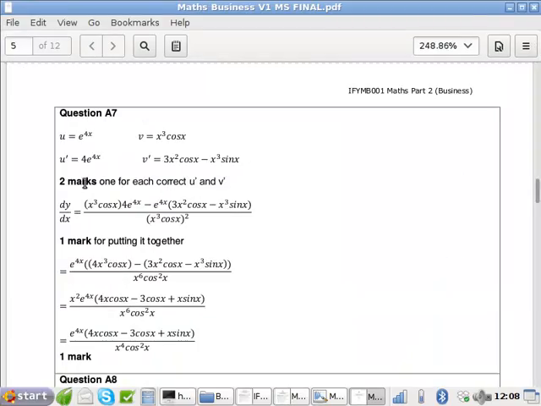It's 3 marks in total for the derivative and then 1 mark for simplifying.